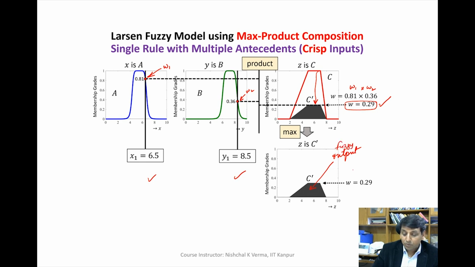So the fuzzy output is C dash, and this C dash is the integral of mu C dash of z, where this is small z.